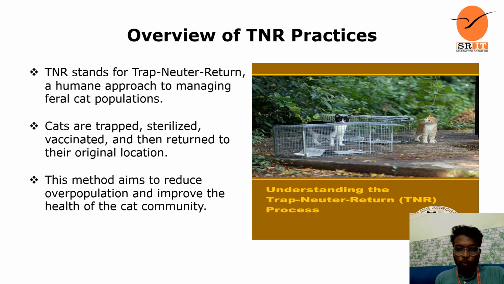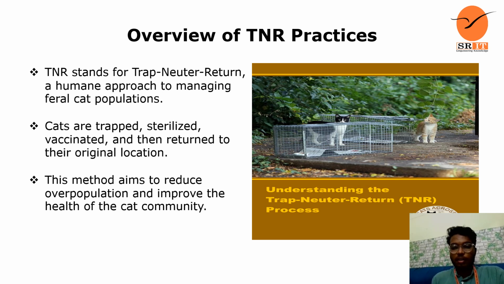It's time we look into the overview of TNR practices. TNR stands for trap, neuter, return, a humane approach to managing feral cat populations. Cats are trapped, sterilized, vaccinated, and then returned to their original location.